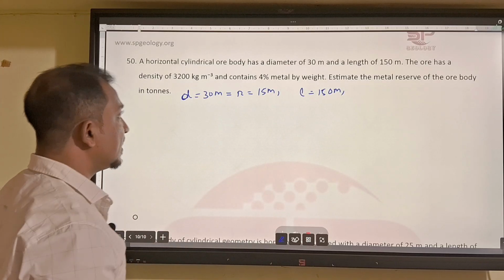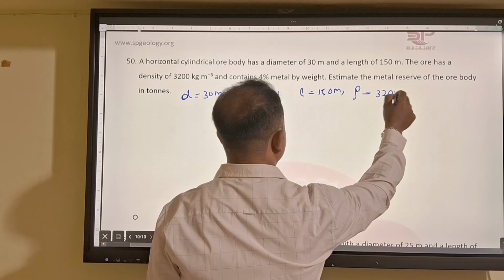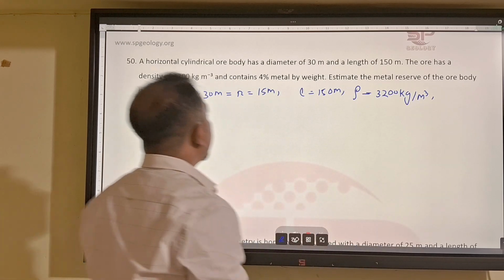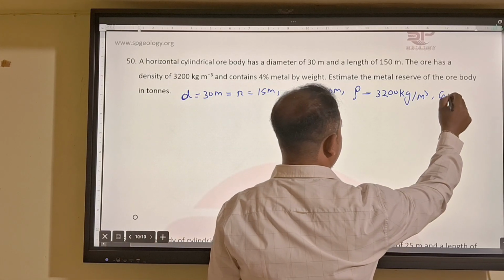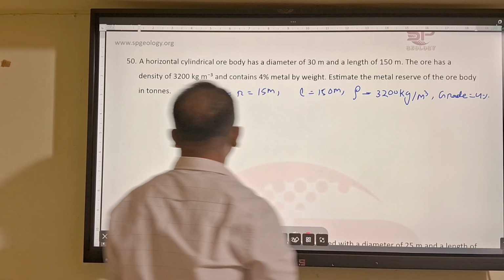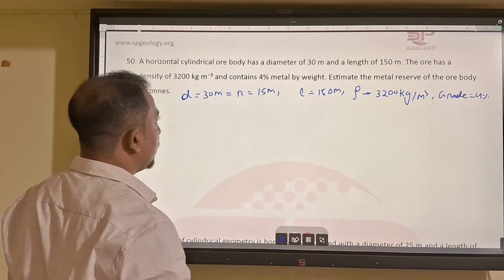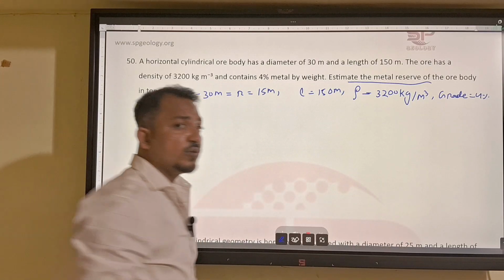The ore has a density of 3200 kg per meter cube and contains 4% metal. That means you can take that as the grade, which is 4%. So we have to calculate the metal reserve, meaning total metal content.